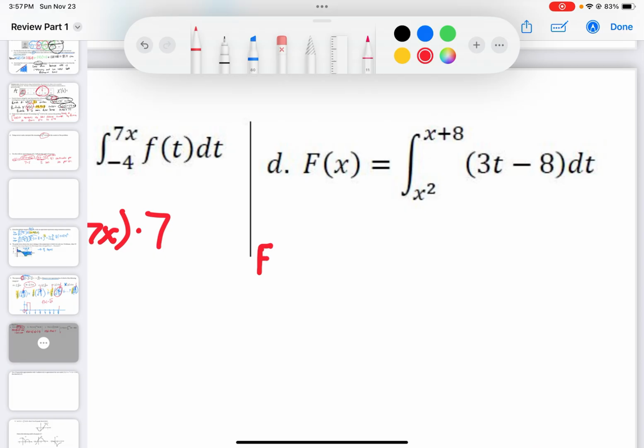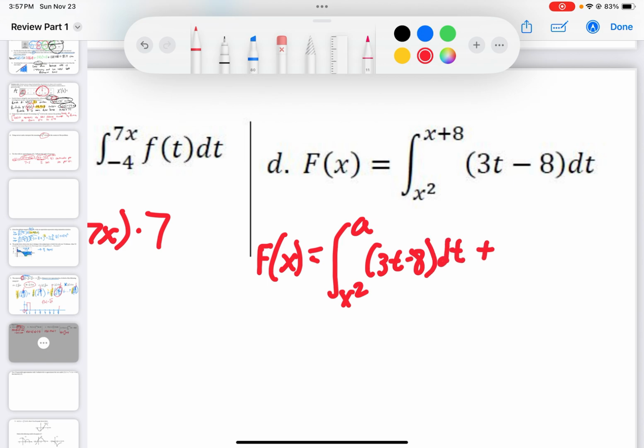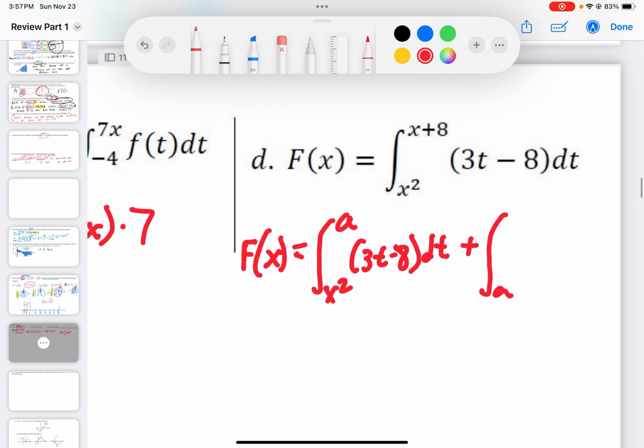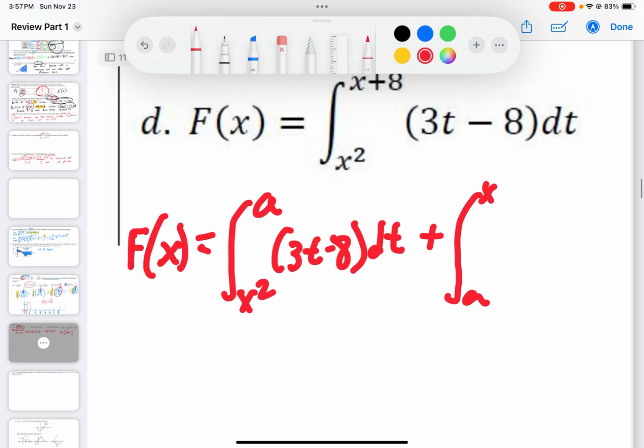So this one, there's a little trick we can do. I'm going to rewrite this as 2 separate integrals from x squared to some dummy number a, where a is somewhere in between those limits of integration. And it would be the integral of 3t minus 8 dt plus the integral from that a to x plus 8 of 3t minus 8 dt.